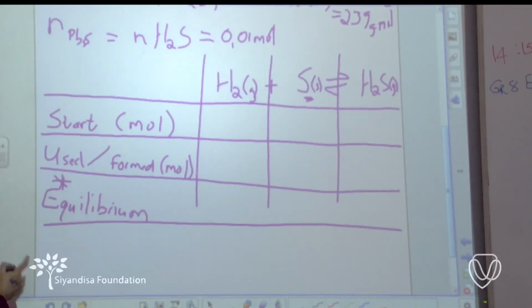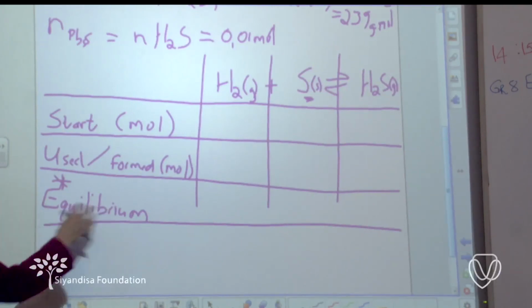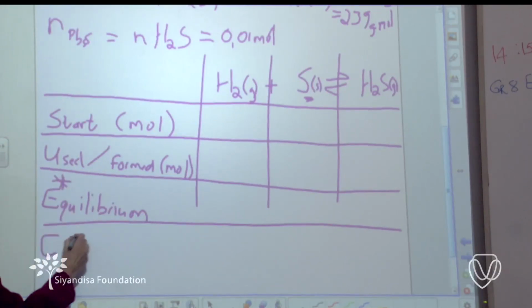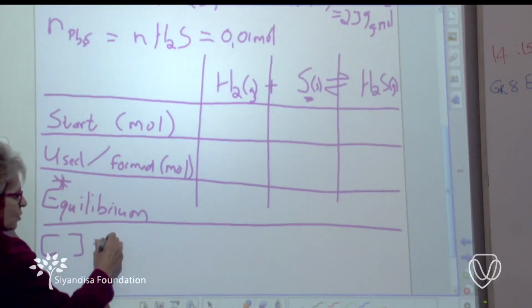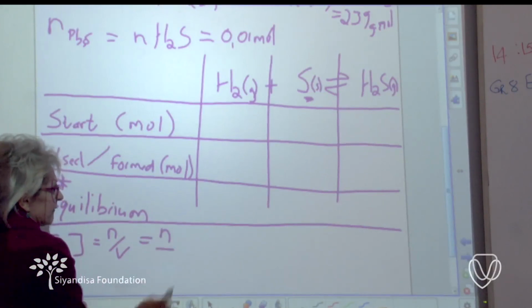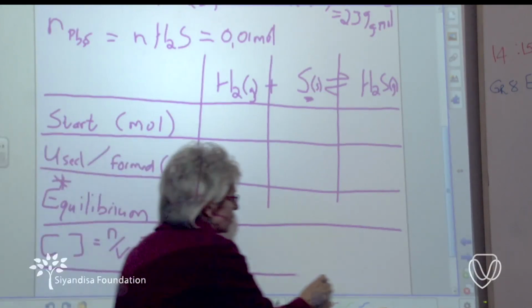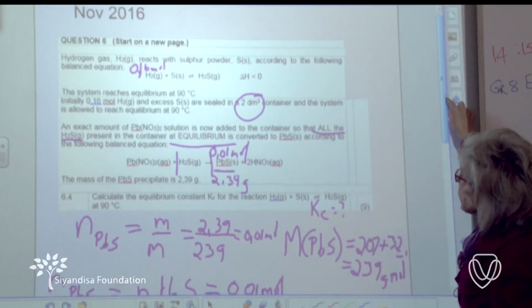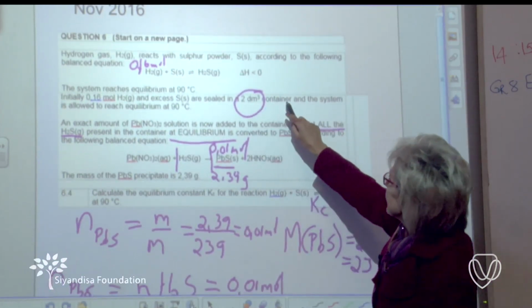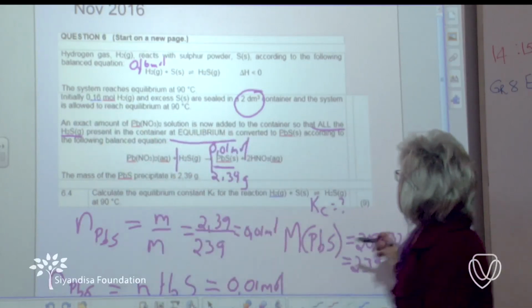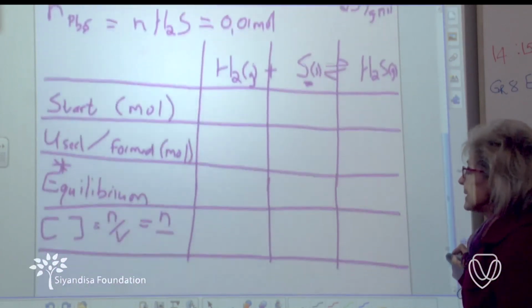No, I lie. This is the mole row. We use concentration in our calculation, but this is the row of values that we're interested in to get our calculations. And then the next row is the concentration one. For the concentration one, we will use this formula, and I can already substitute the volume value because that is usually given in my question, and at the very beginning they said that we are working in a 2 cubic decimeter container, and remember they also said we've got 0.16 mole of H2 that was initially entered into the system.